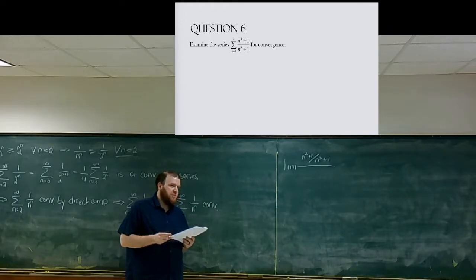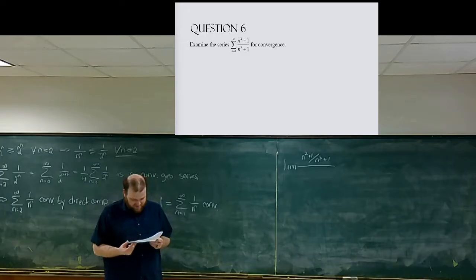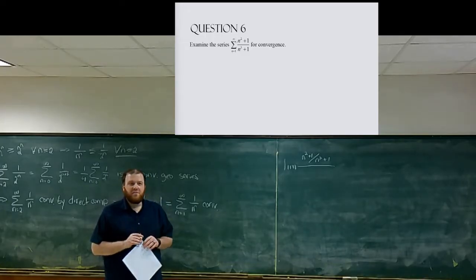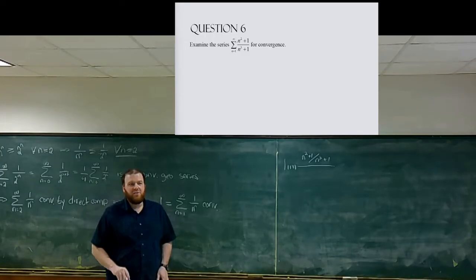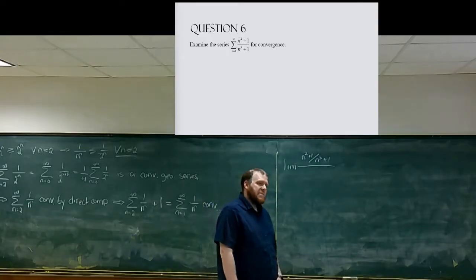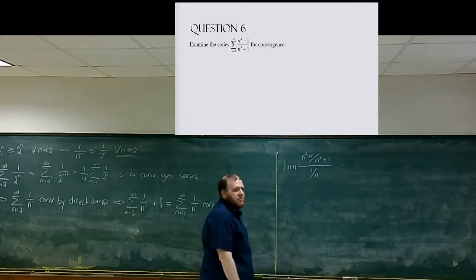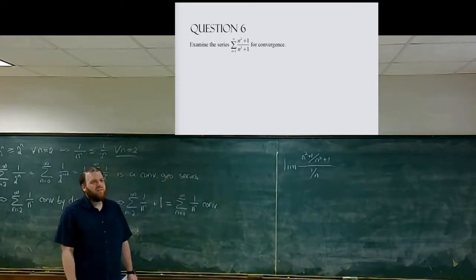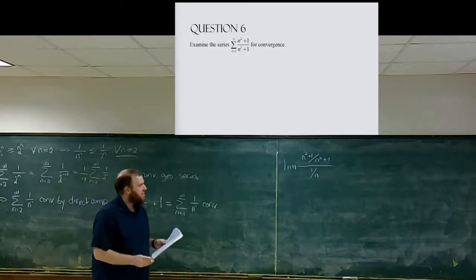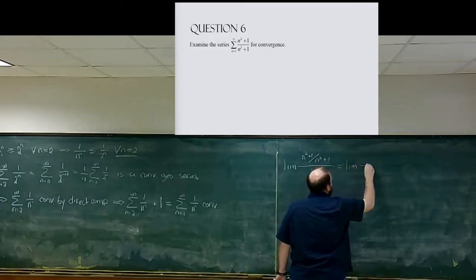I don't know what that series does. So remember what I said earlier. Maybe a p series. Which one? 1 over n to the 1. Use 1 over n. How does that simplify now?